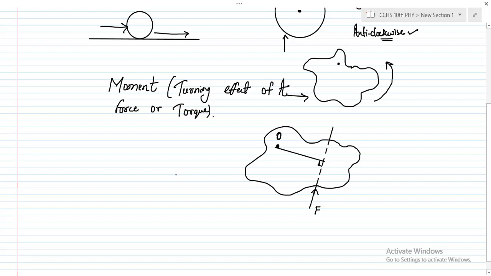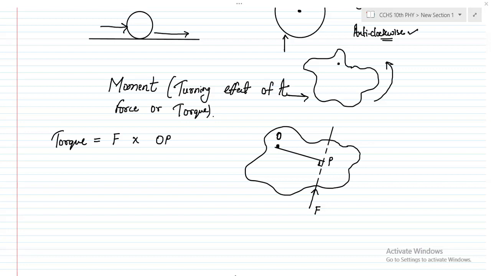So we can write the formula: torque equals force multiplied by perpendicular distance. Let this point be P and the magnitude of force be capital F. What is the perpendicular distance taken? OP. And note, this OP is basically the distance between a point and a line.